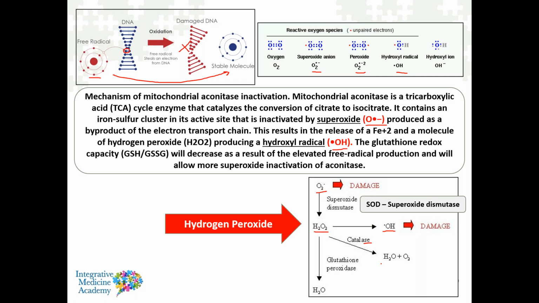So we need catalase in order to convert it to water and oxygen, or we need glutathione to break that hydrogen peroxide into water. Our glutathione peroxidase and our catalase enzymes are critical in getting rid of a buildup of hydrogen peroxide. Again, these radicals can be damaging, particularly the hydroxyl radical.